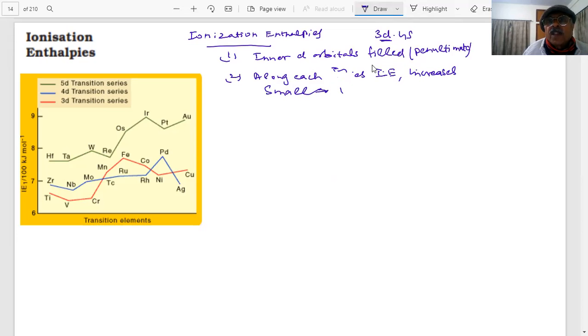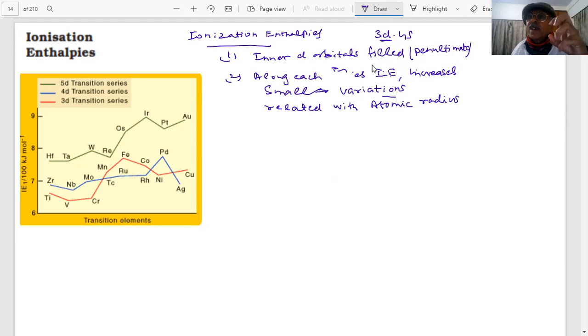As you can see, it is not increasing in a straight line but with small variations. Why? Because these are related with the atomic radius. You know that the larger the atomic radius, the lower the ionization enthalpy. But we have seen there was a variation in the atomic radius also.